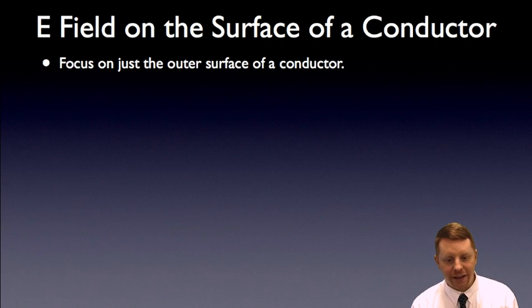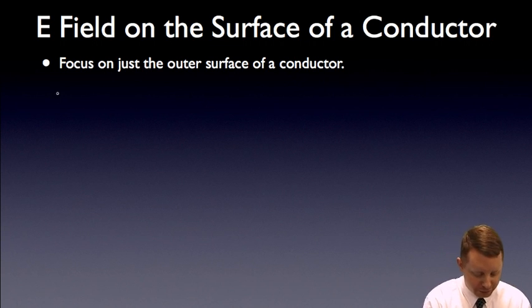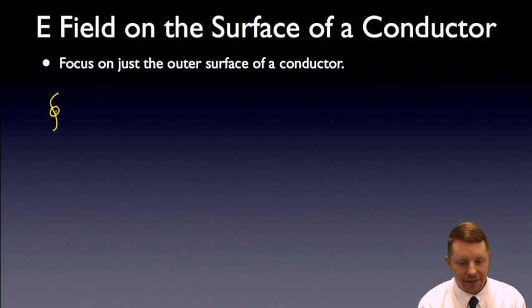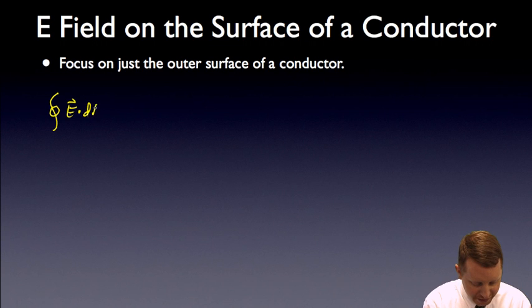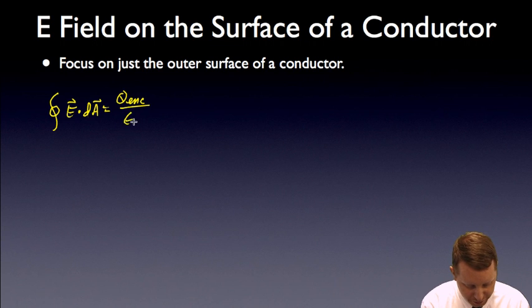Let's take a look at the electric field on the surface of a conductor. If we focus on just the outer surface of a conductor, we'll take a look at the integral over the closed surface of E dot dA, Gauss's law, which we know must be the total enclosed charge divided by the permittivity of free space, epsilon zero.